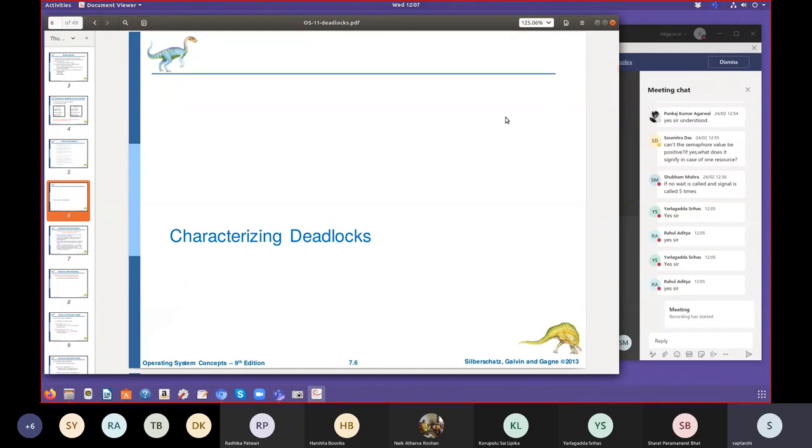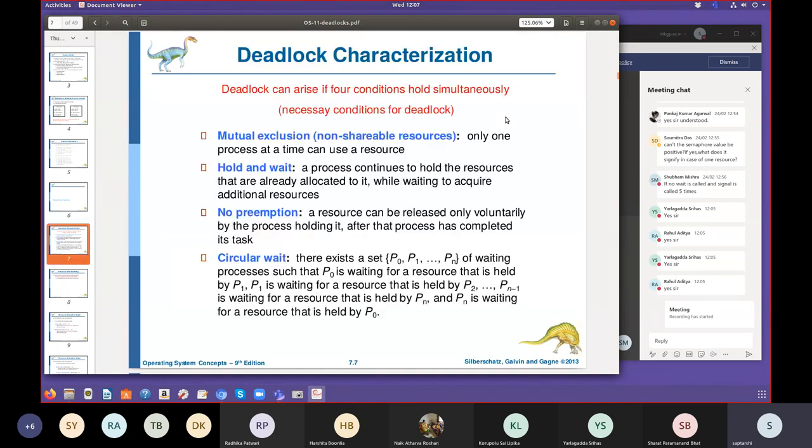Okay, so we have been discussing this topic of deadlocks, and here is a 3-4 minute recap. We have understood what deadlock is, and we have formally almost defined it as: deadlock can arise if these four conditions hold simultaneously. There should be some processes waiting for other processes, and those processes in turn waiting for others, and so on.